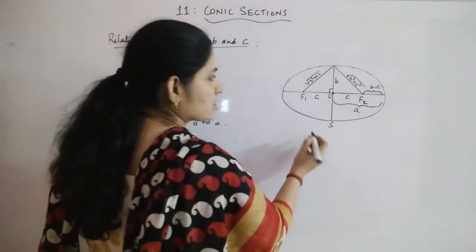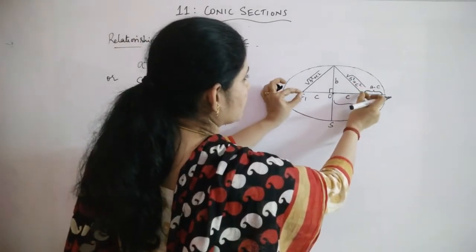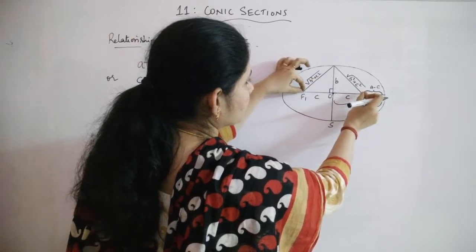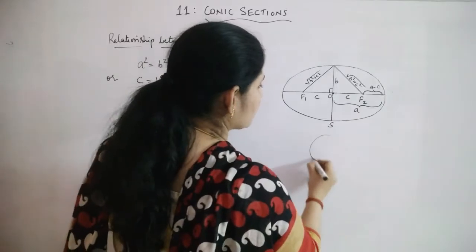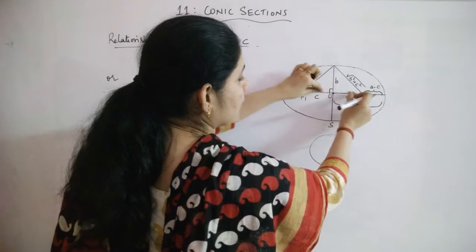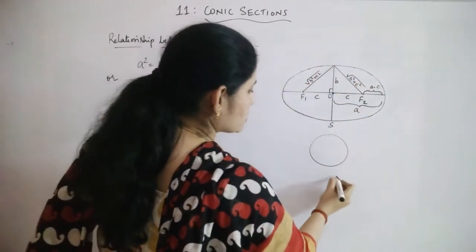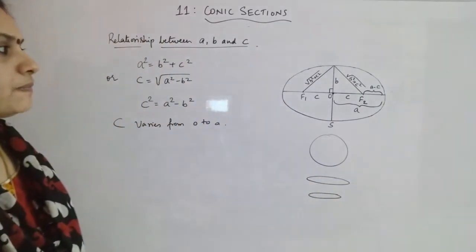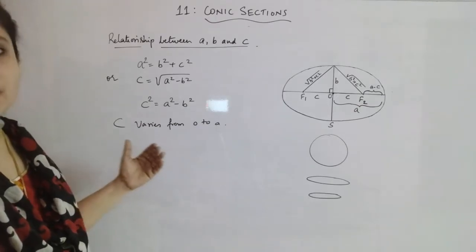If this distance is reducing, this will increase, so it will become like this. And if this is being extended to A, then B will get reduced, so it will become smaller and smaller, like this. Understood?